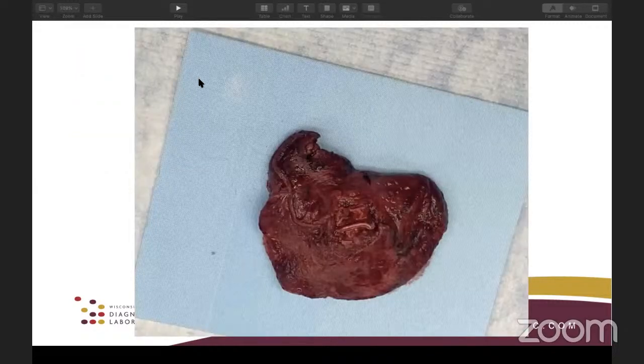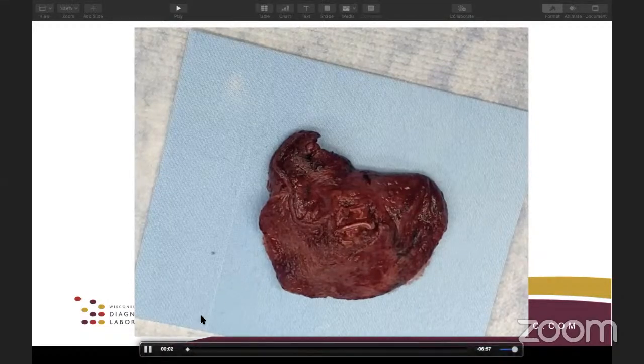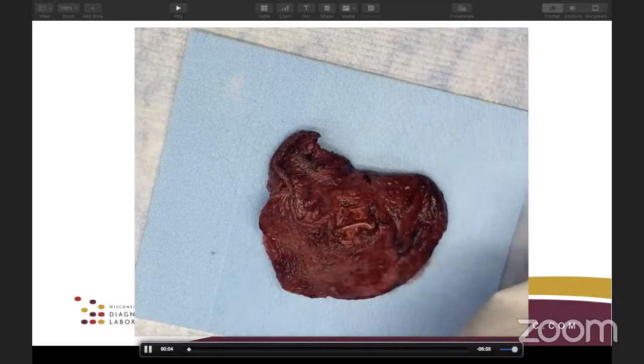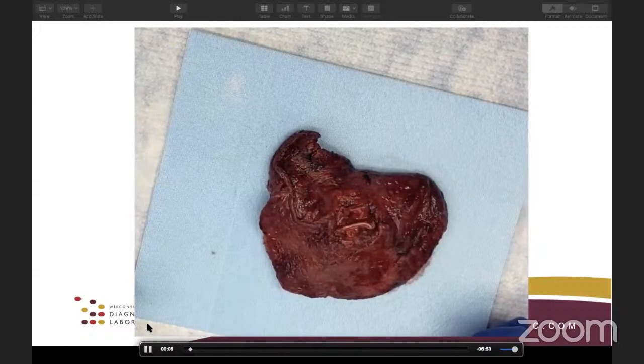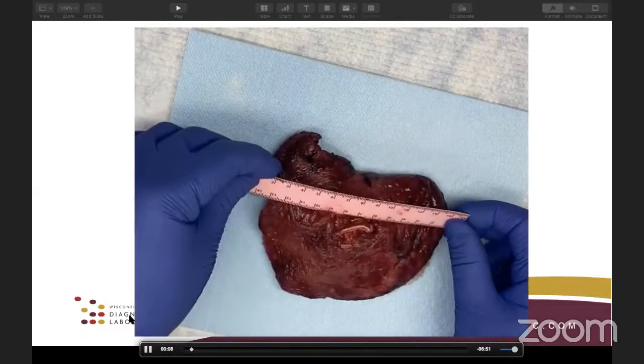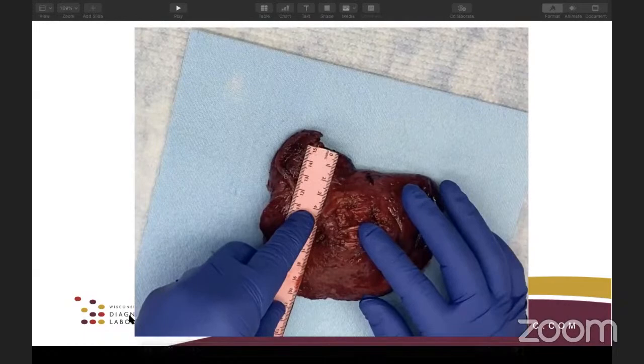All right, I'm going to show you a video right now. This is a lung lobectomy specimen, and we're going to look at how we take shave or en face margins on a lobectomy. First I'm going to measure the specimen, of course.